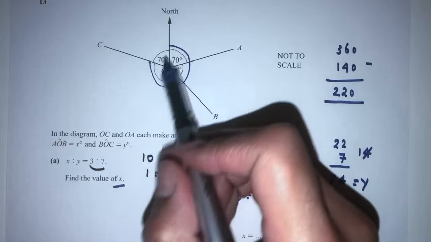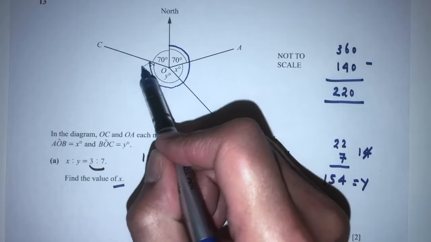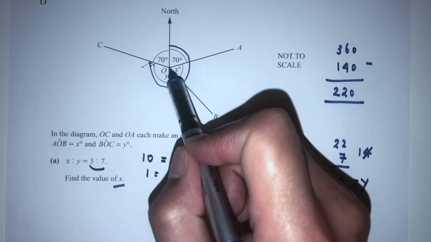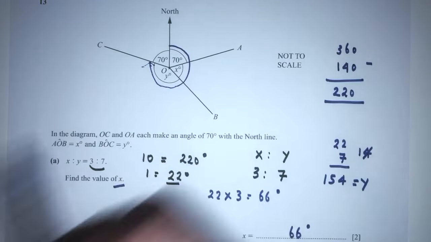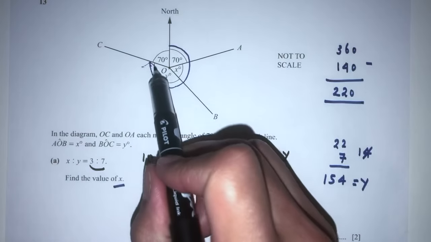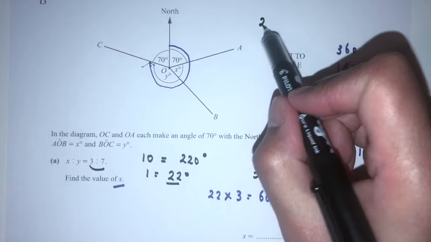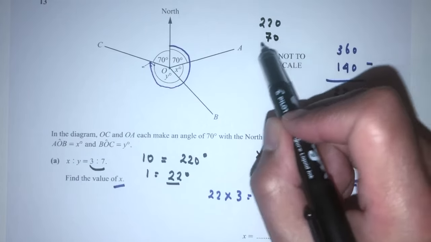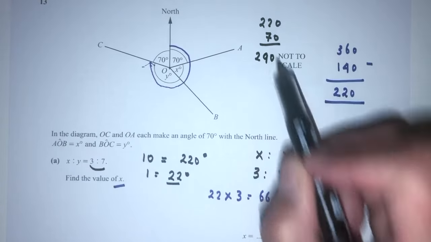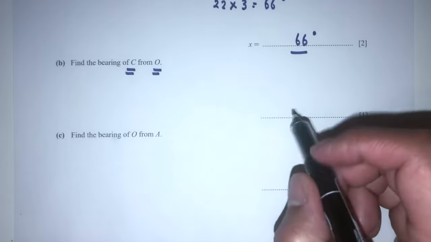Whenever it is from, we have to draw our north line from the point O and then find this angle. This is 220 plus 70, that will be 290 as your answer.